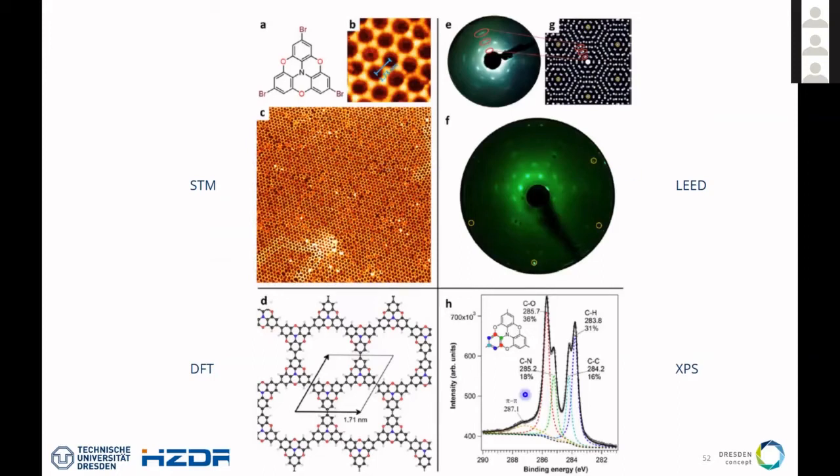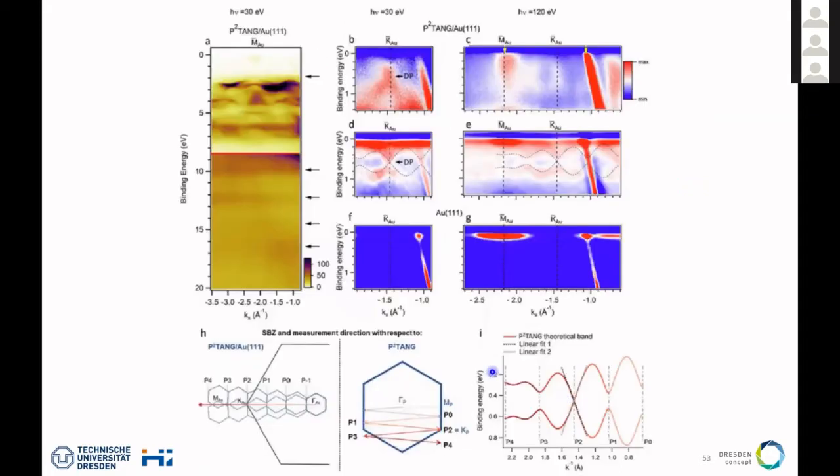Here they probed the individual molecules, and then here they could show that they have the Dirac point, and they could also show that they have the flat bands. Okay, so that means we could show experimentally that everything that I was telling you before can be realized, and that is the status of the research that we have today.